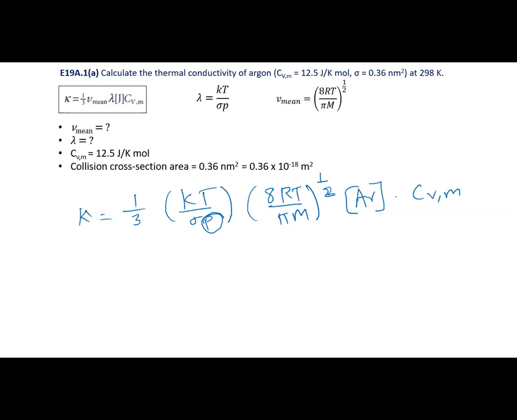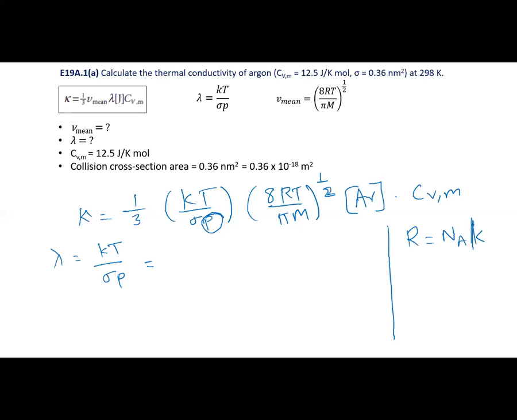So lambda is equal to kT over sigma P. We know two relations from our physical chemistry knowledge, where R is equal to Avogadro number times the Boltzmann constant k. Then if I redefine it, k is equal to R over Na. And from the ideal gas law equation, PV is equal to nRT.